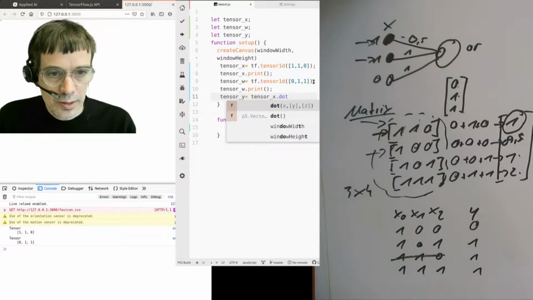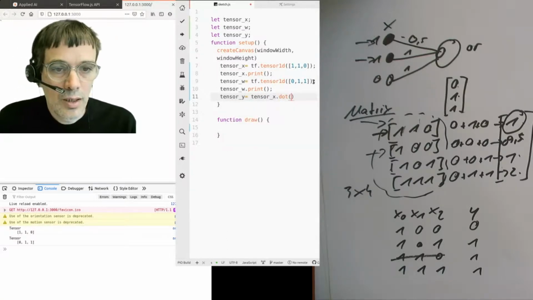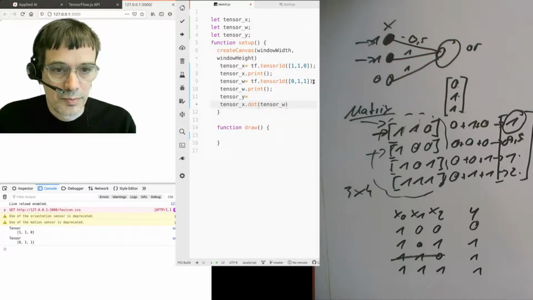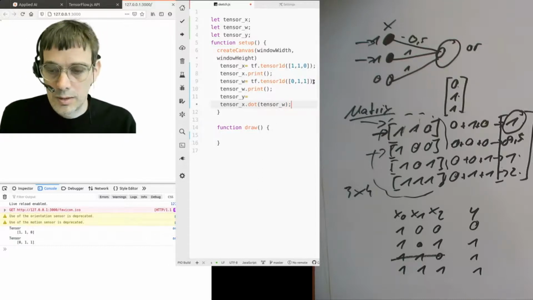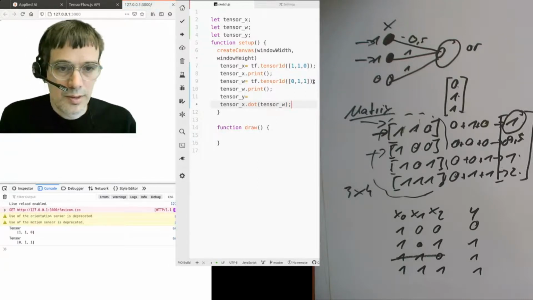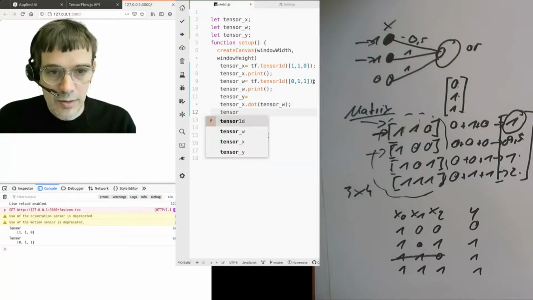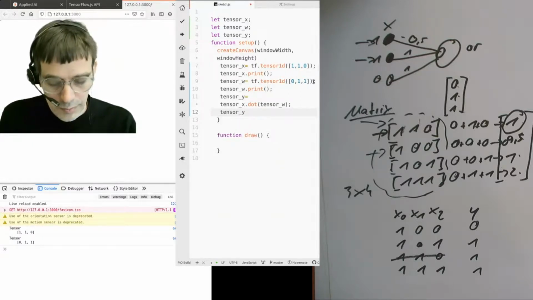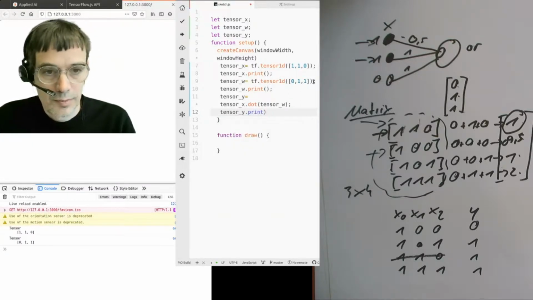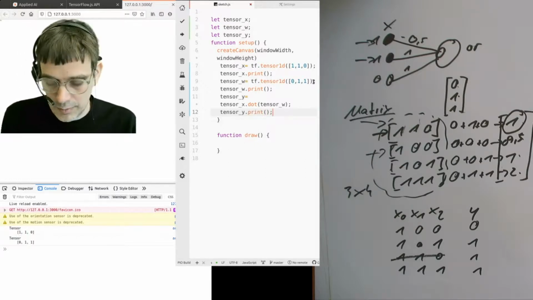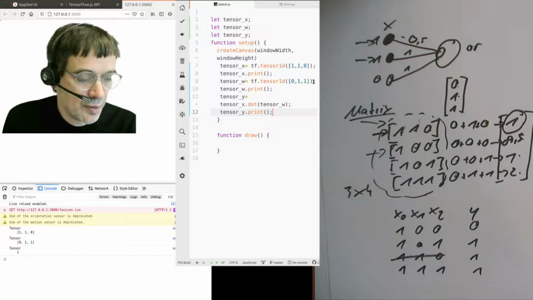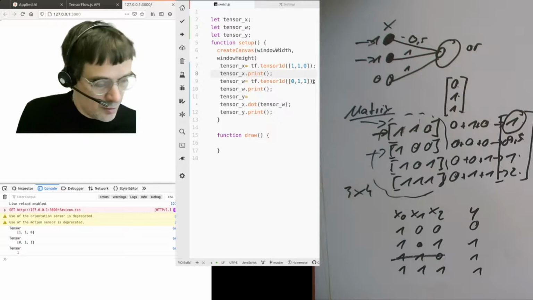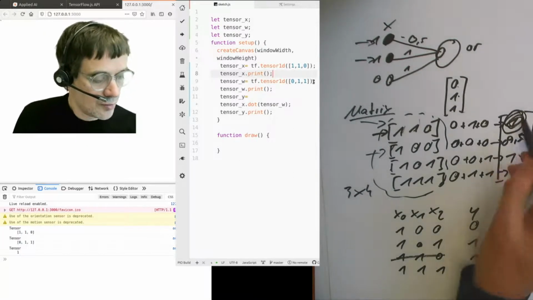Yeah, it's a dot product of tensor x with tensor w. Let's see if that doesn't produce any error. And we can print out the result, and the result is 1. This is what we expect. This is basically the result of that computation here.